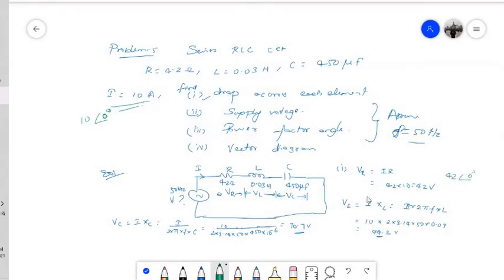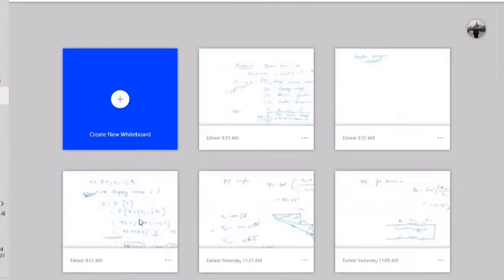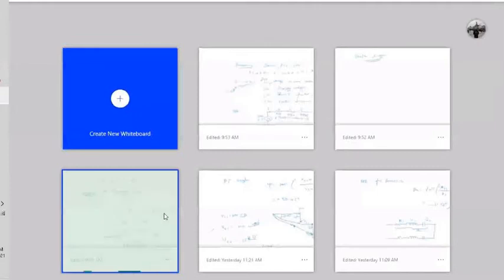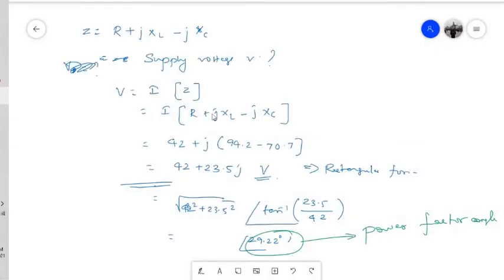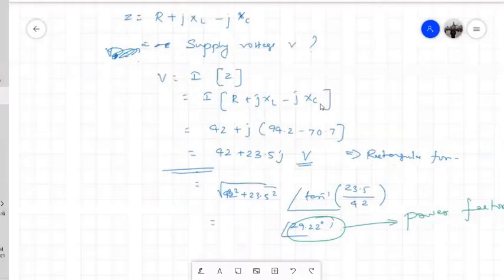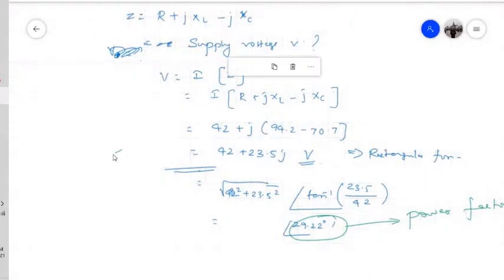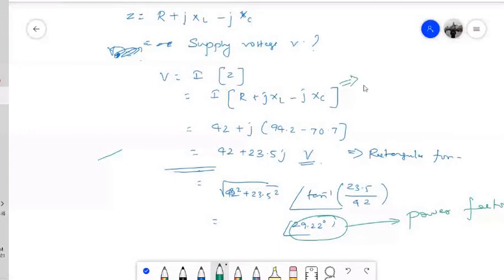Fine. But this is an inductor. If you even take a look at the next page, now, if you want to take this phase into consideration, from here, VR is nothing but I into R, and VL is nothing but I into XL.